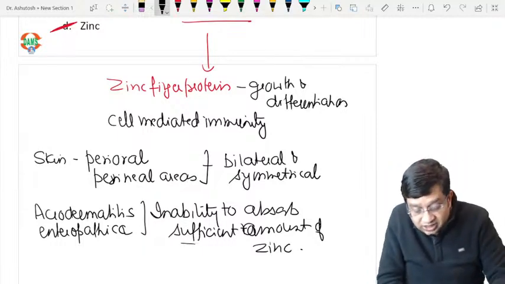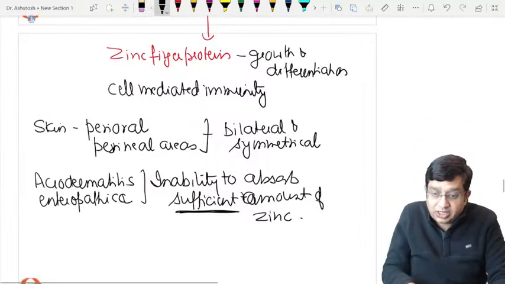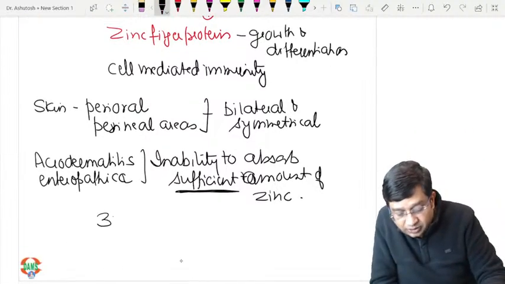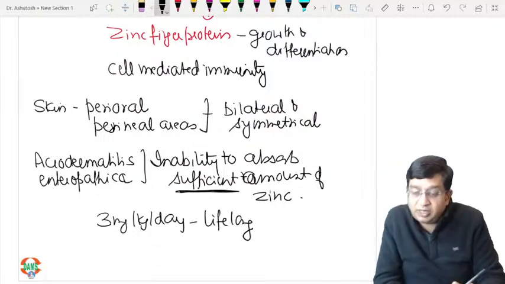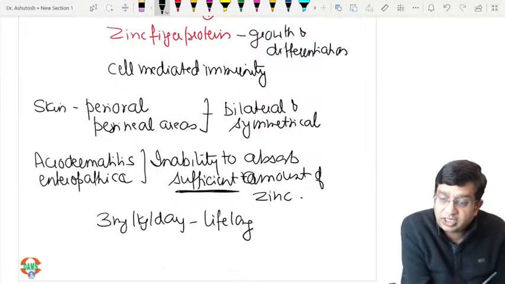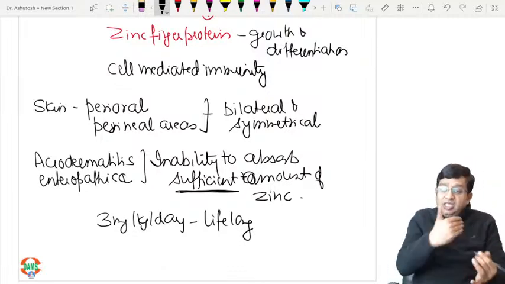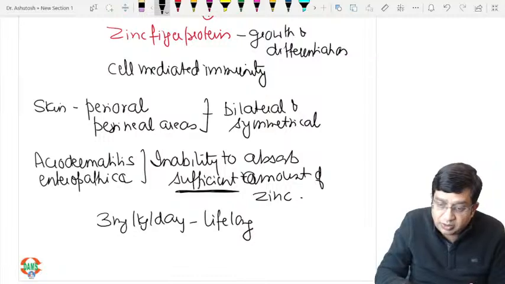It is not that zinc is not absorbed at all. In acrodermatitis enteropathica, you give the patient 3 mg per kg per day zinc lifelong. In normal acquired deficiency it is 0.5 to 1, but acrodermatitis enteropathica means inability to absorb sufficient amount of zinc.